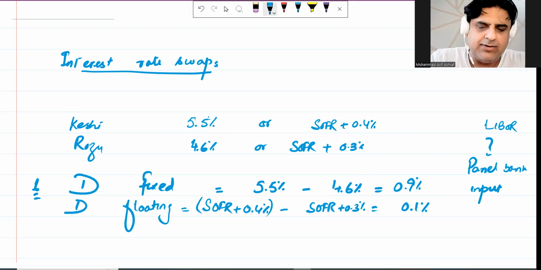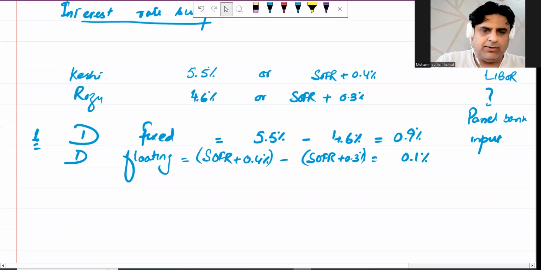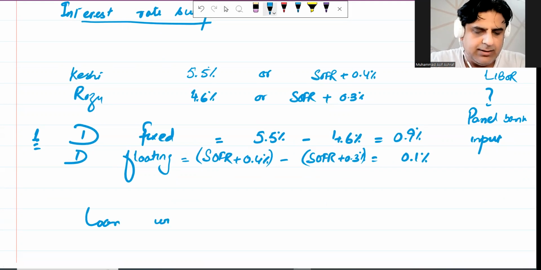So we have a difference of 0.1. Now, according to this, we will decide on the loan with the larger differential. It is fixed.